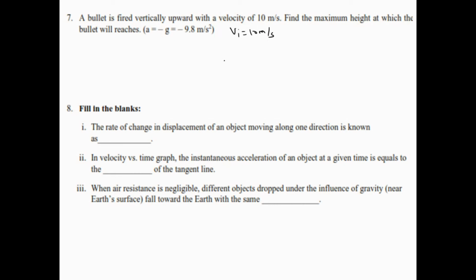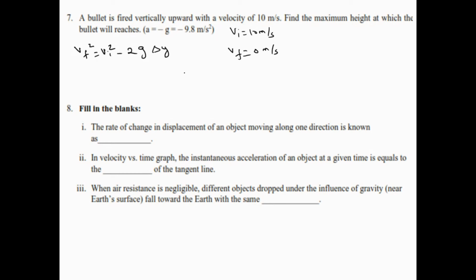And what is the final velocity? We are not going to find it, because when the bullet reaches the maximum height, its final velocity becomes 0 meter per second. So I'm going to use the third equation, which is V final square is equal to V initial square minus 2 into g into delta y.